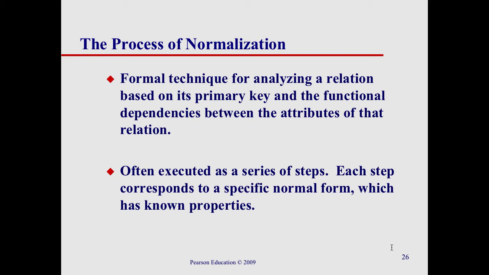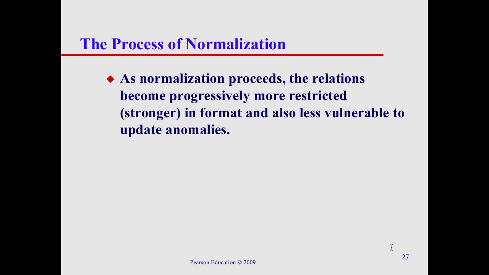So we now have the building blocks in place for normalization. We identify functional dependencies, and we use them to decompose a relation into a smaller set of relations. Normalization has steps.